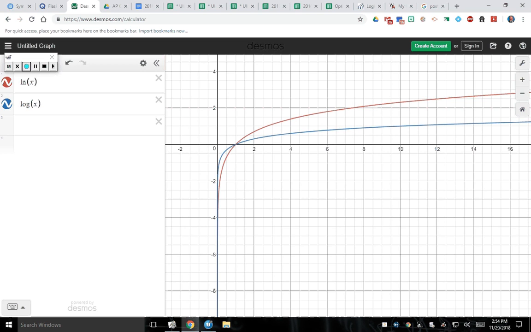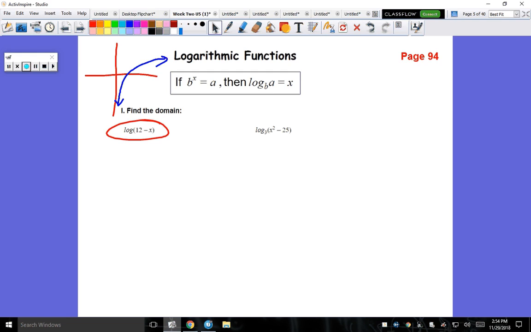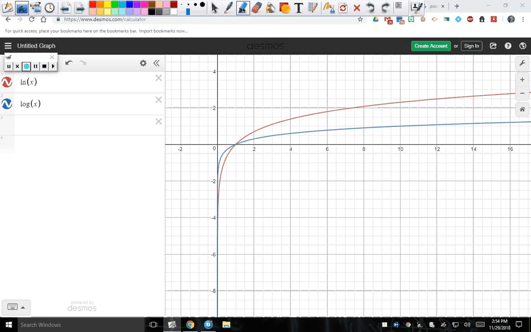Log with base 10 is the blue graph. Notice the things that they have in common. They are both going through the point (1, 0). Tell me, what are the domains for both of these graphs? 0 to infinity, not including 0, right? So you could say x is greater than 0 or 0 to infinity. These are the domains. Okay?